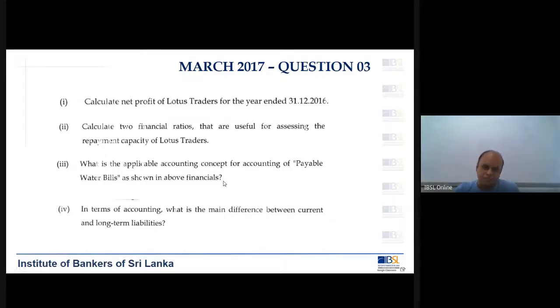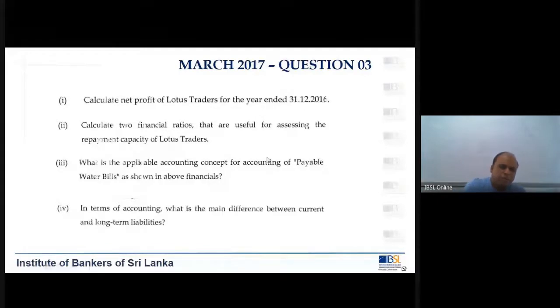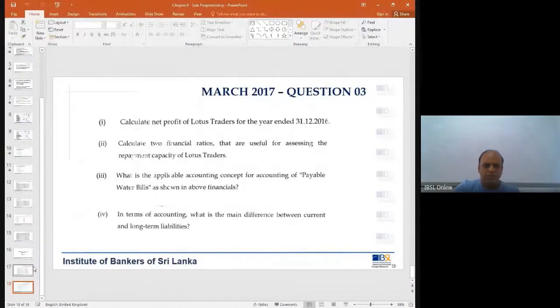That's why I repeatedly tell you all the importance of revising and being up to date with all what we learn. Even a topic like accounting concepts is very important, because it might appear as a question like this. So answering accrual concept, you get 5 marks. Then the next one is calculating the net profit or loss of Lotus Traders.